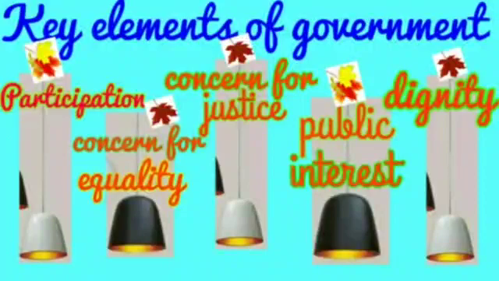If we want a person to be loyal to the country, he should be given all the opportunities to live with dignity. So these are the 5 key elements that influence the working of a government. Again, children, let's repeat all these. Participation. Second is concern for equality. Third is concern for justice. Fourth is public interest. And fifth is dignity.